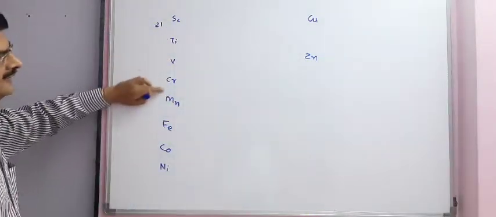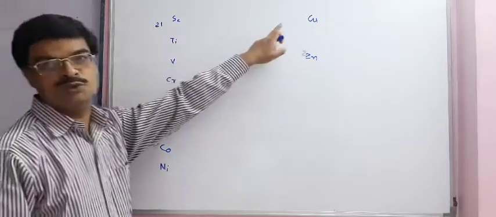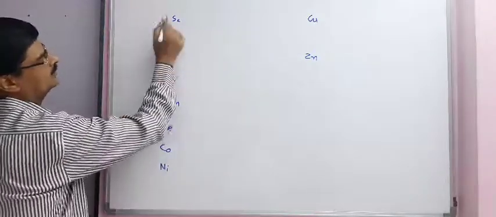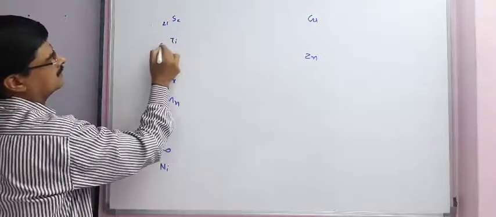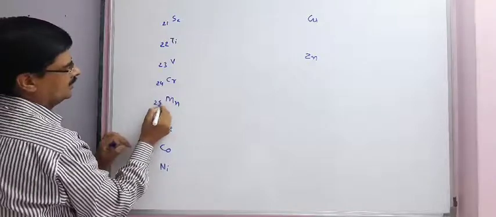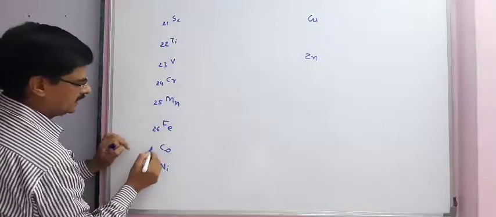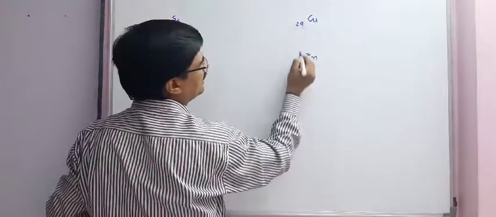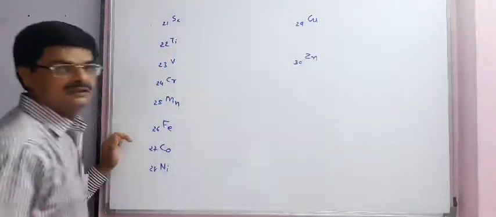That is 21 to 30: 21, 22, 23, 24, 25, 26, 27, 28, 29 and 30.